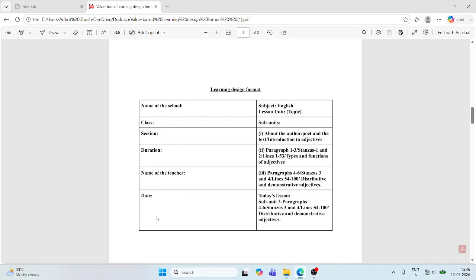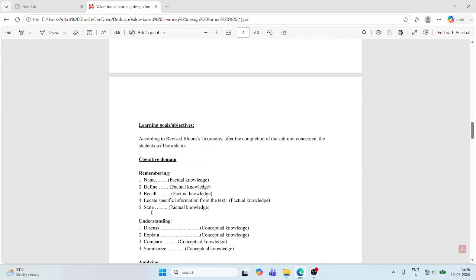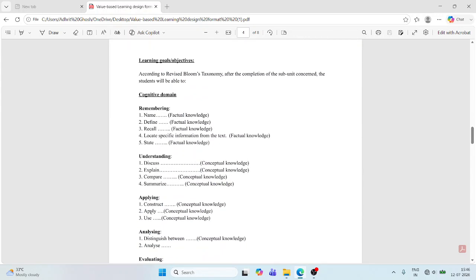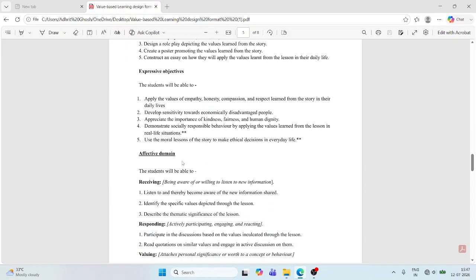Now, in case of the general format, the same thing goes. There is no difference in the general format. As you have learned, the goals and the objectives, you do the same thing as revised Bloom's taxonomy. Just mention two domains: one is the cognitive domain, and the other is the affective domain.